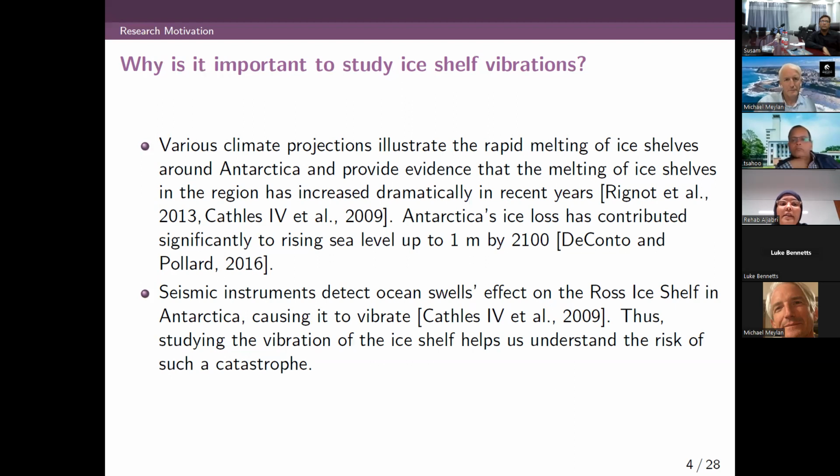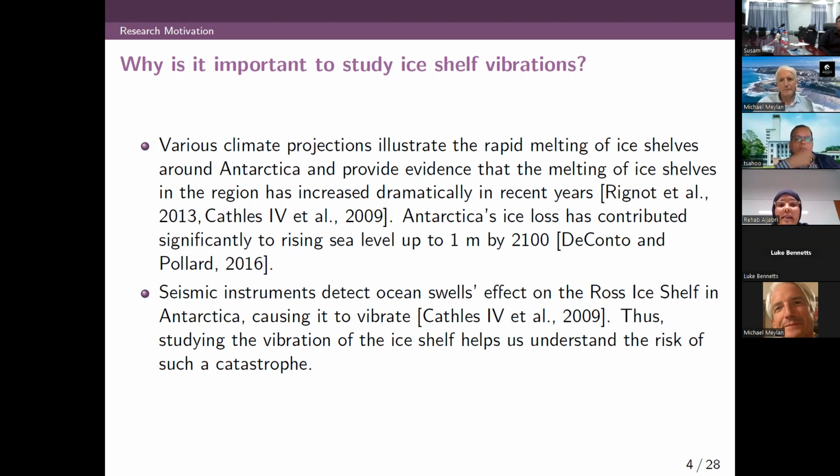Now, why is it important to study ice shelf vibrations? Various climate projections illustrate the rapid melting of ice shelves around Antarctica and provide evidence that the melting of ice shelves in the region has increased dramatically in recent years. Also, Antarctic ice loss has contributed significantly to rising sea level, up to 1 meter by the year 2100.